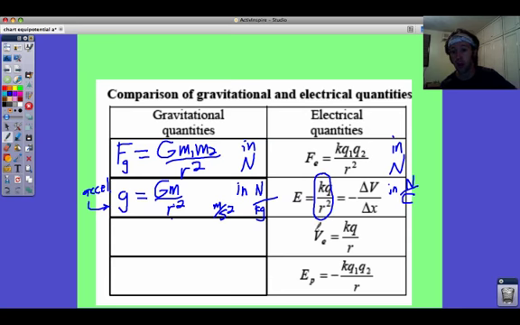If we are looking at electrical potential, we also have gravitational potential. And you'll see the same parallels. Instead of K, big G. Instead of charge, mass, and it's over the distance. This will be in units of joules per coulomb. This will be in units of joules per kilogram.